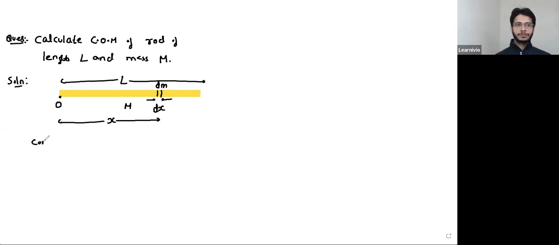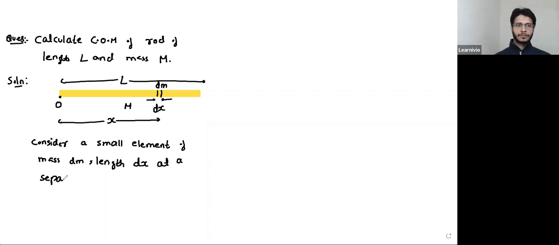So consider a small element of mass dm, length dx, at a separation x from the origin.